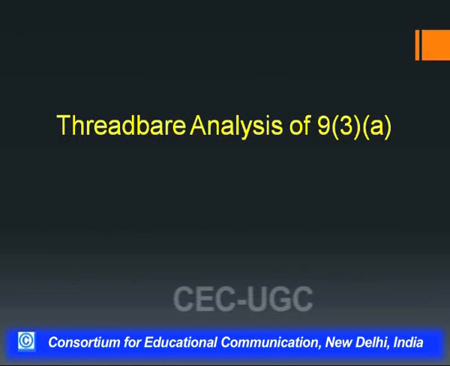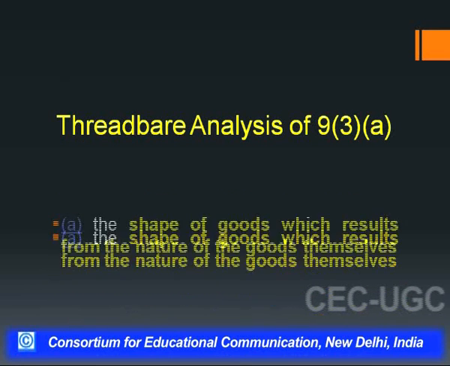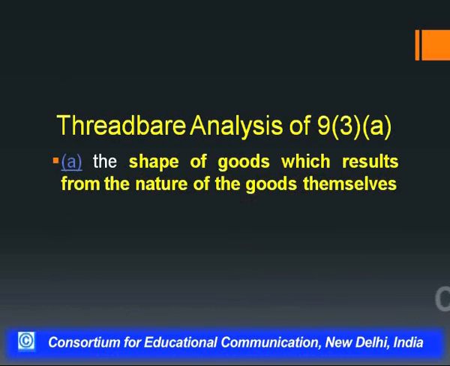If we come to 9(3)(a), as I told, it reads the shape of goods which results from the nature of the goods themselves. I would urge all my viewers and listeners to kindly apply their mind and think before jumping to the conclusion as to why that kind of shape has been excluded from trademark protection, the shape which results from the nature of the goods themselves.